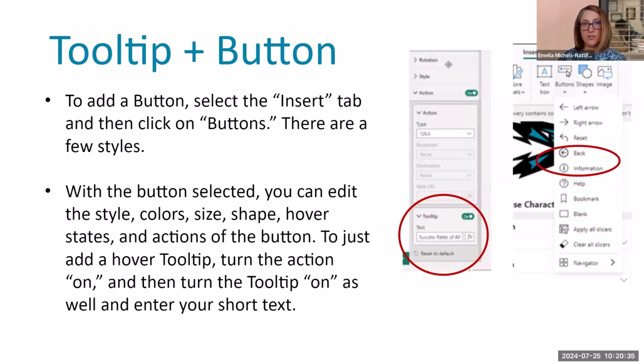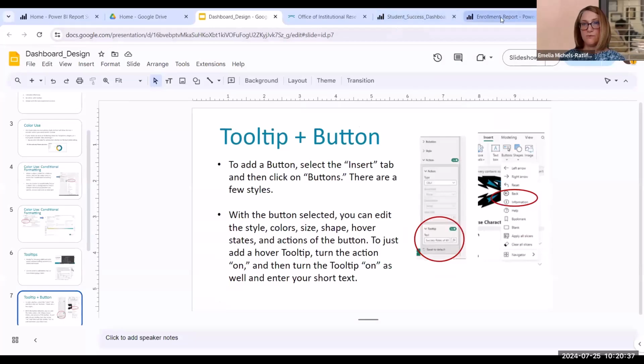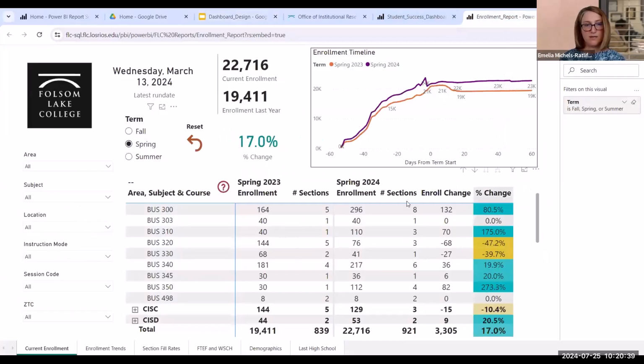And I'll show you, go back to that same report. So for example, here is one on that enrollment report, and it's just a little question mark. And when you mouse over it, it's just, oh, by the way, the enrollment numbers for the day are compared to the equivalent day the prior year.